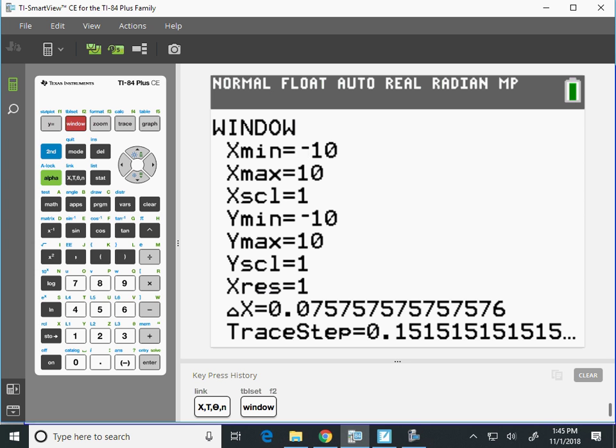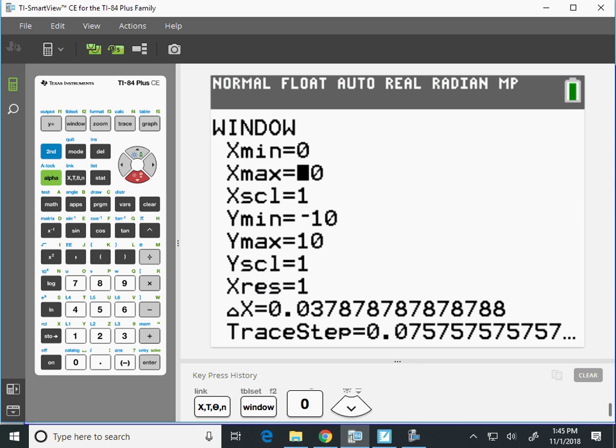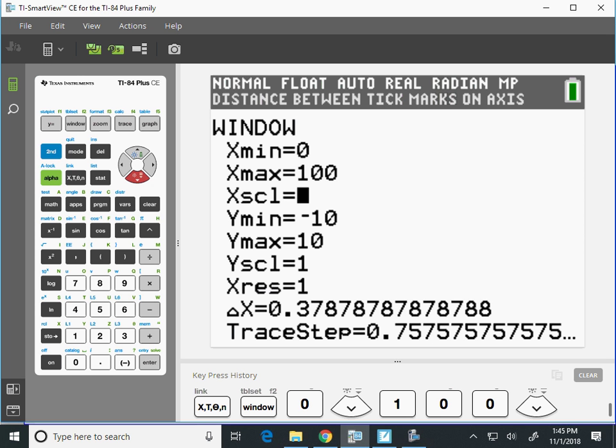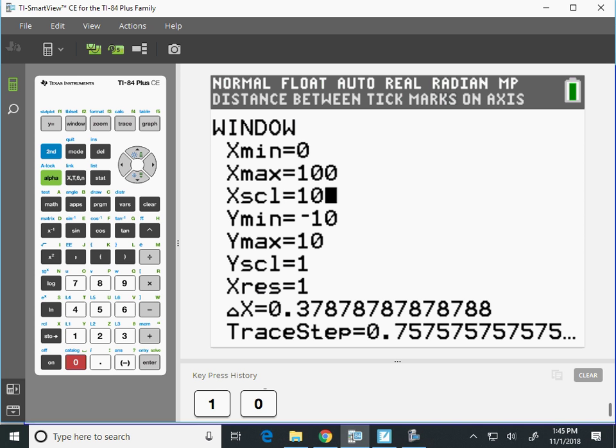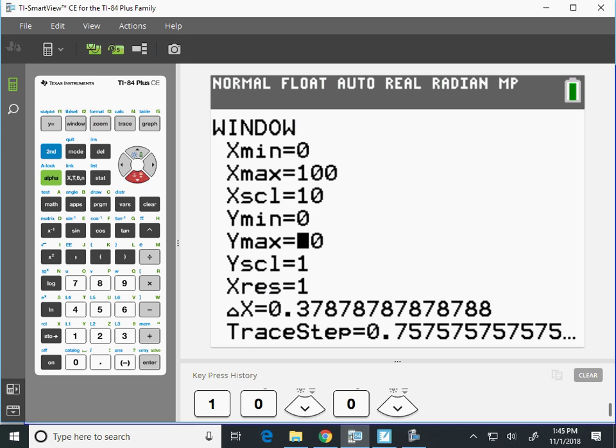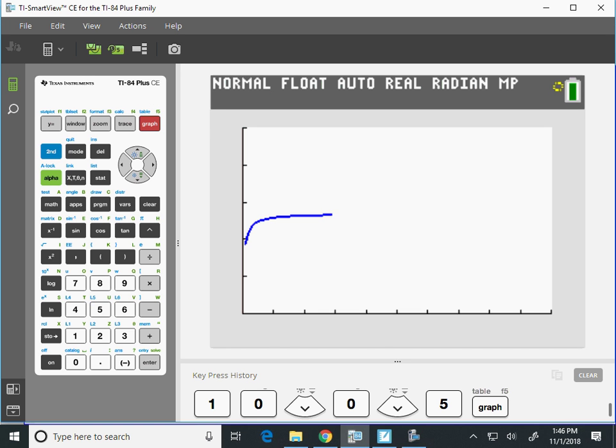Now when we make our window, what does it have for the x's? 0 to, was it 100? Yes, so 0 to 100, and what's the scale? 10? What about our y scale? What does that say? 0 to 5. All right, so if you make this graph here, that's the picture you see.